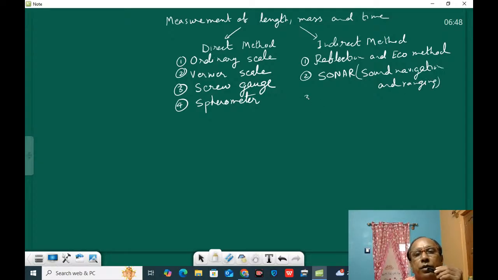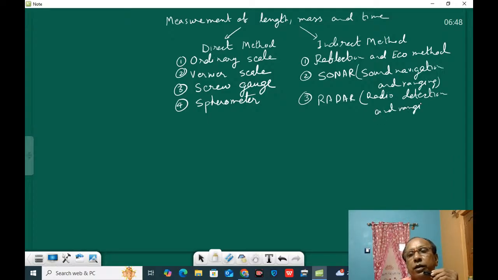And the third one, what we know is radar, radio detection and ranging. These are the indirect methods by which we measure different things, right?